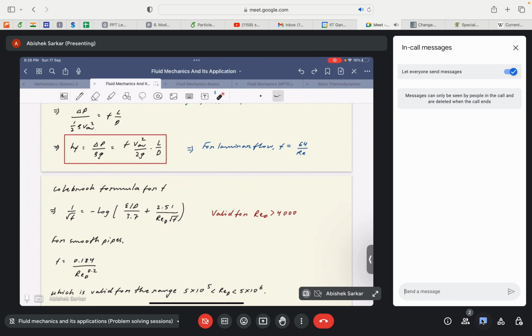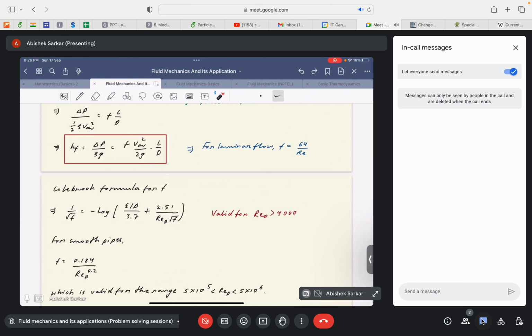They also knew the significance of the transition region, so they defined a value of Reynolds number that is well beyond it. Beyond 4000, the flow can be taken to be fully turbulent. So Colebrook said this equation is valid for all values of Reynolds number beyond 4000. This is a very standard equation used for most turbulent flow analysis in pipes, so this is very important.